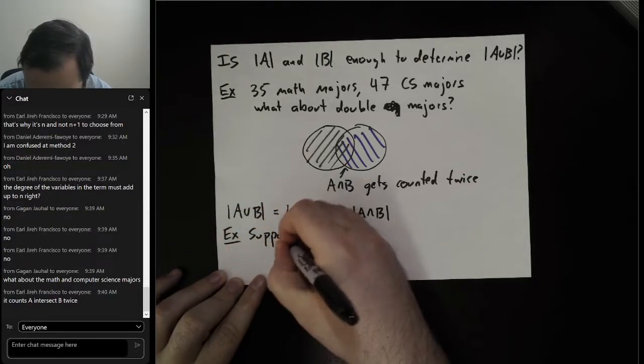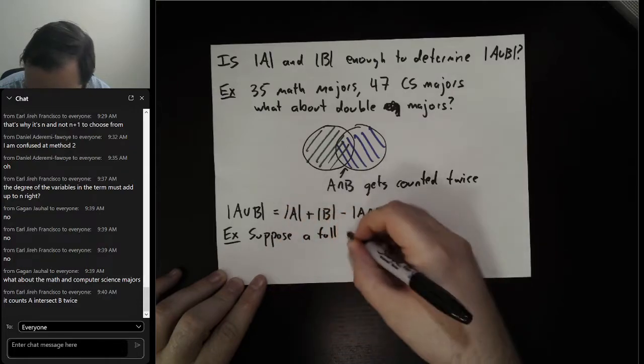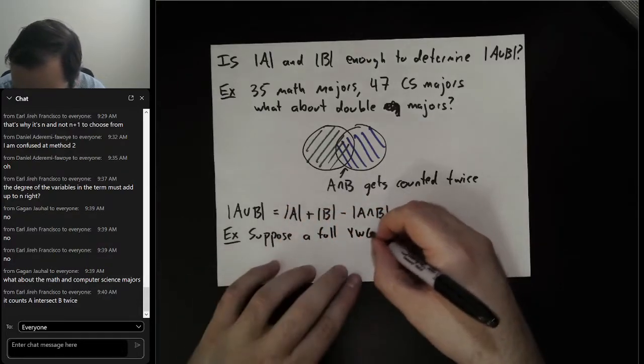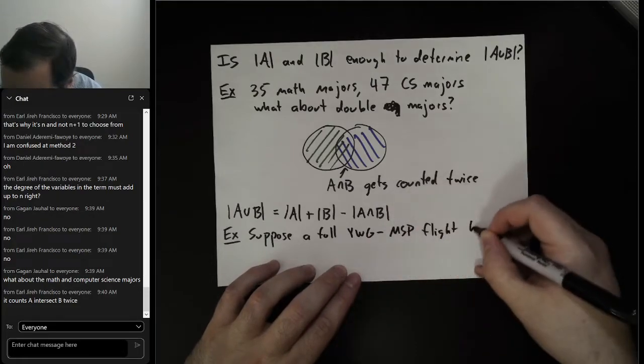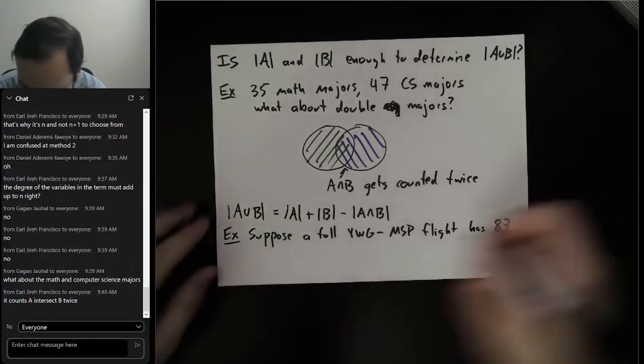Suppose a full Winnipeg to Minneapolis flight has 87 seats.